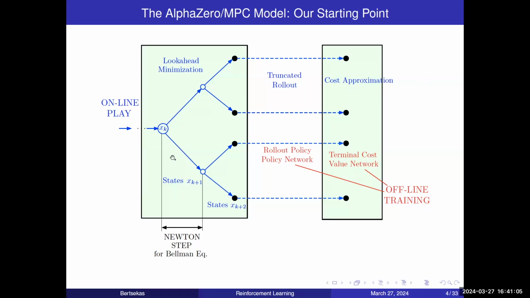The first step is conceptually the Newton step for solving Bellman's equation. Here I have a question. If we look at this online play multi-step lookahead minimization, basically we're going to minimize over uk and uk+1, all the combinations of uk and uk+1 starting from xk.